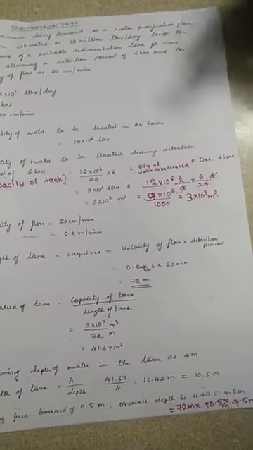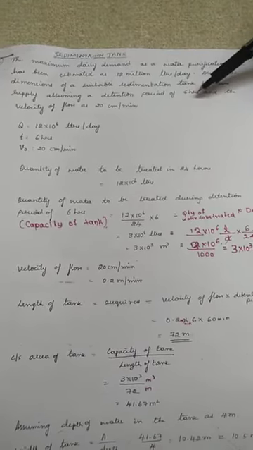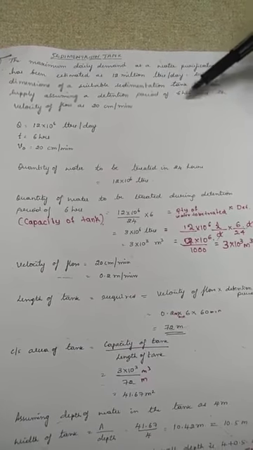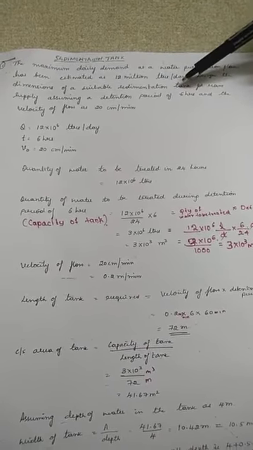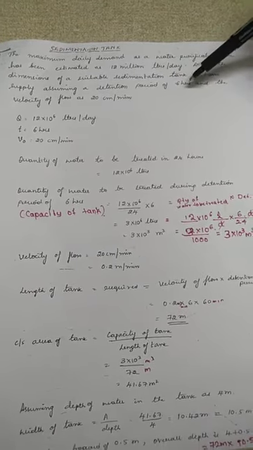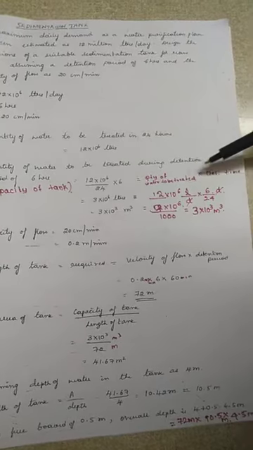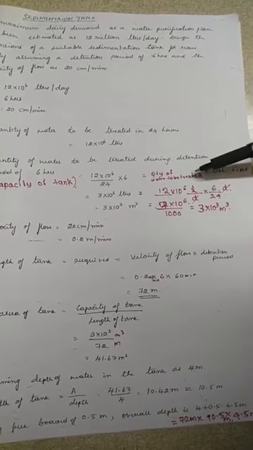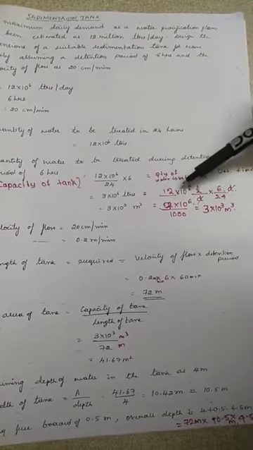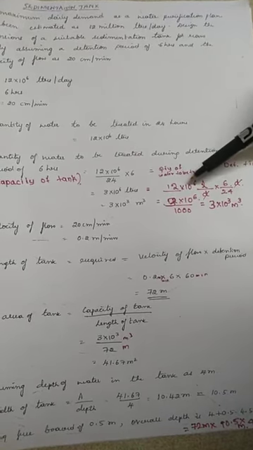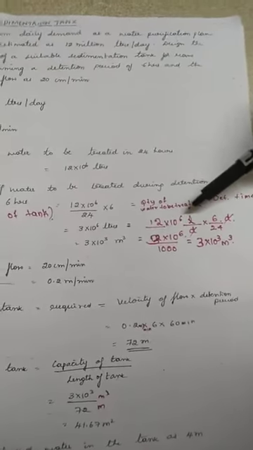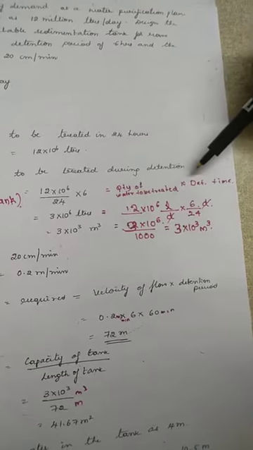What is the detention time? It is 6 hours. It is given in hours and here it is in day. Now what we have to do is convert this 6 hours into per day. So what is the formula? Quantity of water to be treated multiplied by detention time. The quantity of water to be treated is 12 million liters. Million is 10 to the power 6. So it is 12 into 10 to the power 6 multiplied by detention time.